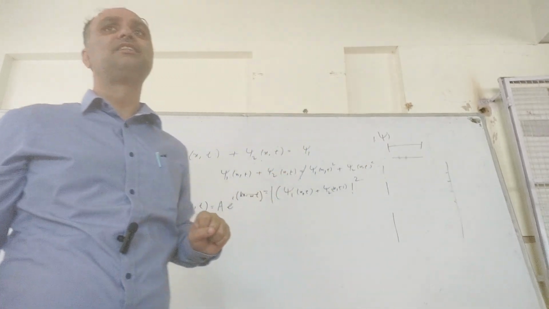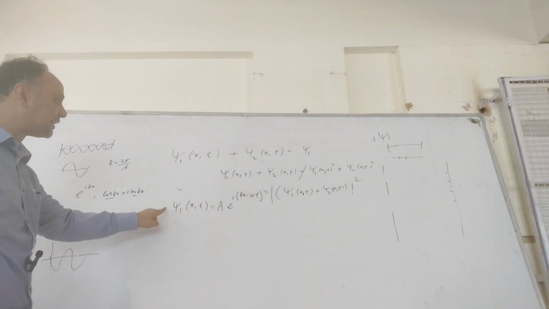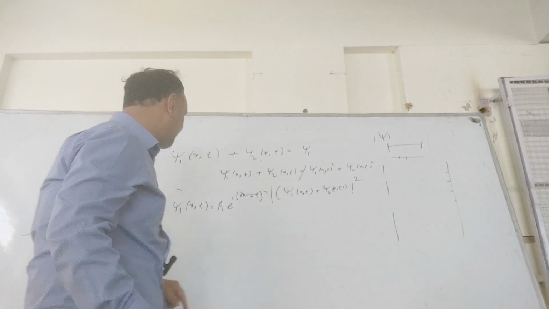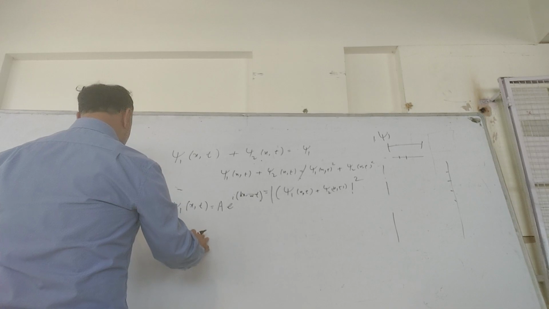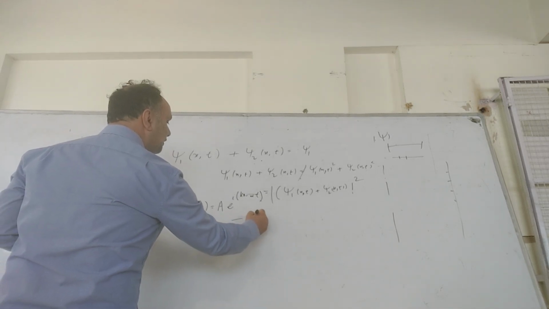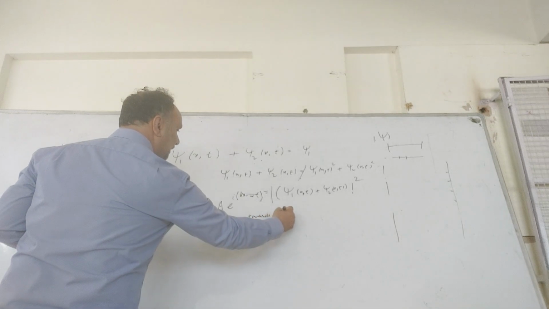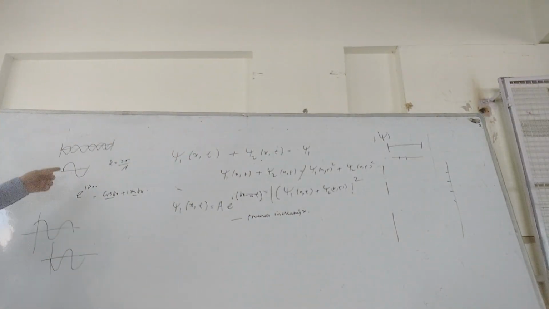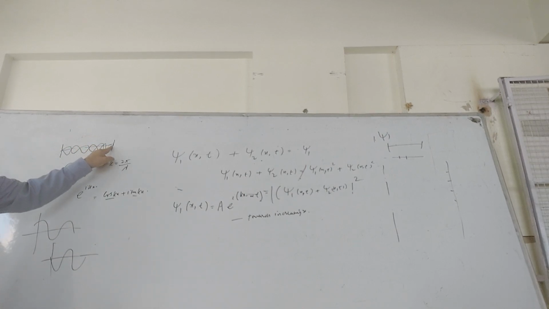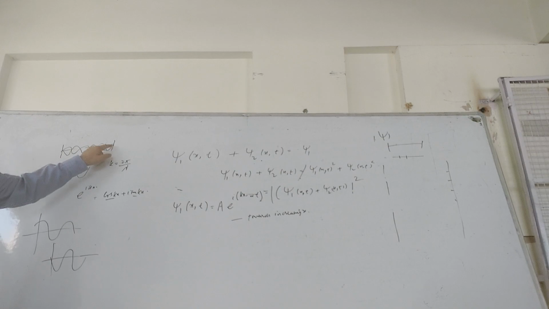But in a simple case, take psi1, its propagation will be towards increasing x. Like a stationary wave, we pluck it here, it goes forward, and when it strikes here it comes back due to boundary conditions, so it becomes the backward wave.